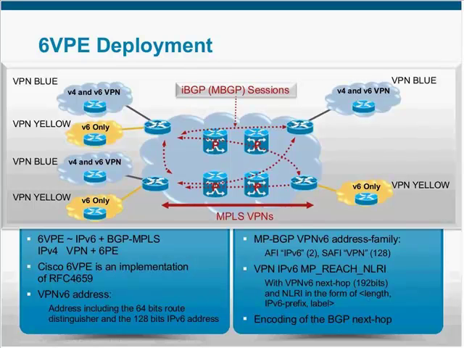If we look at how we would propagate a packet from the blue VPN site on the top left-hand side to the one on the right-hand side, we would forward the traffic natively from the customer side to the aggregation box.